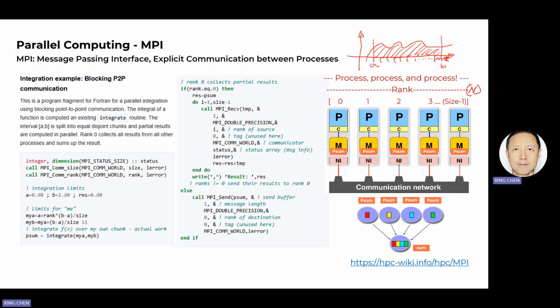The last piece of workload is n minus 1. The first one is 0.